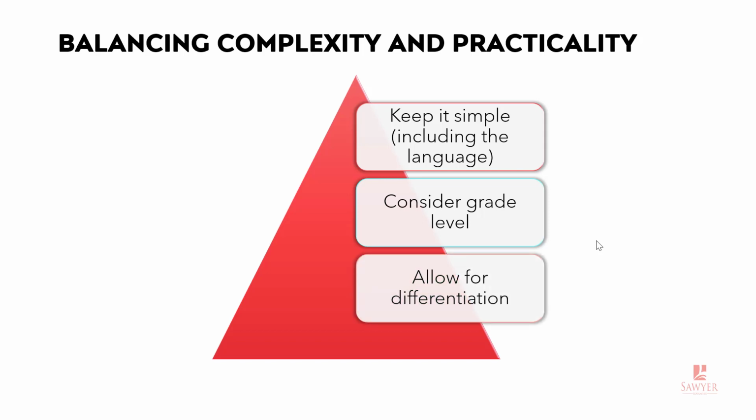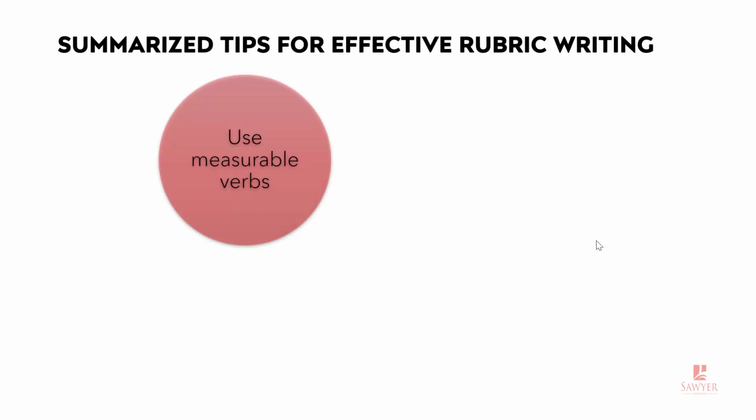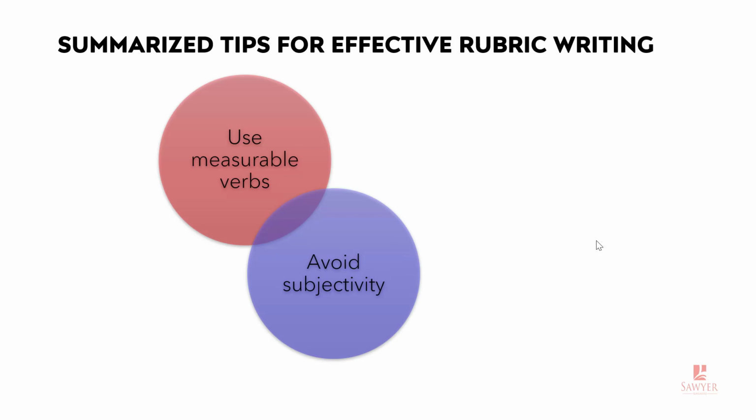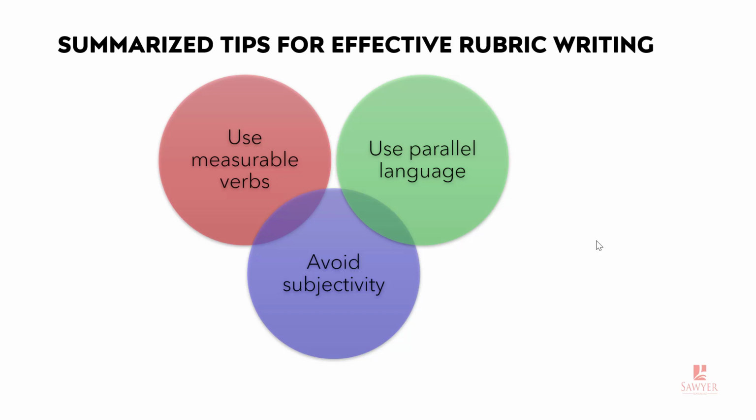And then, of course, allow for differentiation. Again, this is where that subjectivity comes in. You know that these two students are different, but according to their capabilities, they both deserve a particular score. Okay. And then, of course, make sure we use measurable verbs. Refer back to Bloom's taxonomy. Try to avoid subjectivity as much as possible, and then use parallel language.